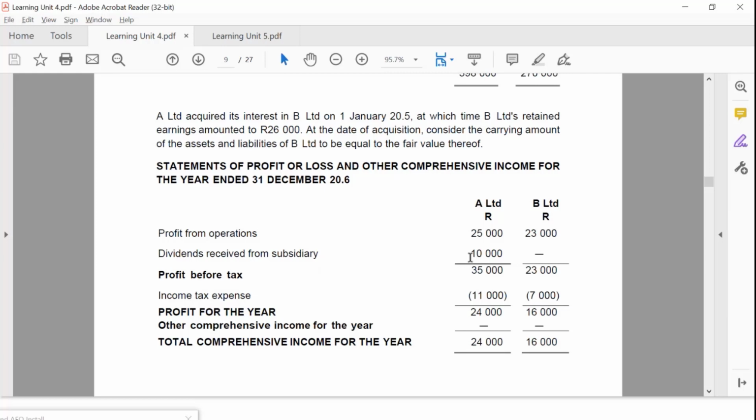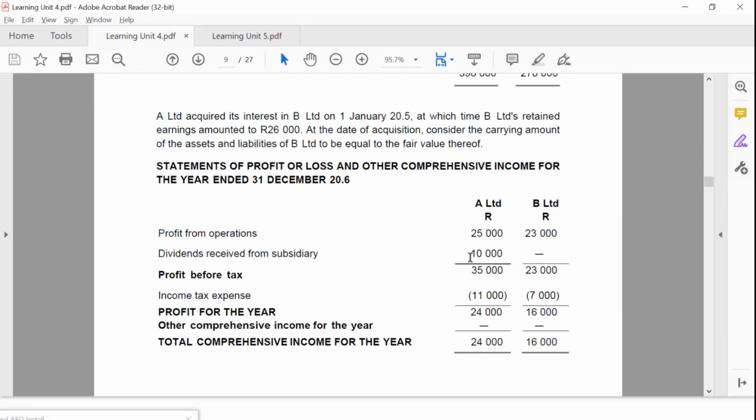What does that mean? It means that every dividend that the subsidiary paid, they paid to the parent company, because I have 100% shareholding in the subsidiary. If this was a partly owned subsidiary, the subsidiary might have paid 10,000, but if it's an 80% ownership, 8,000 will have gone to the parent and 2,000 will have gone to the non-controlling interest.